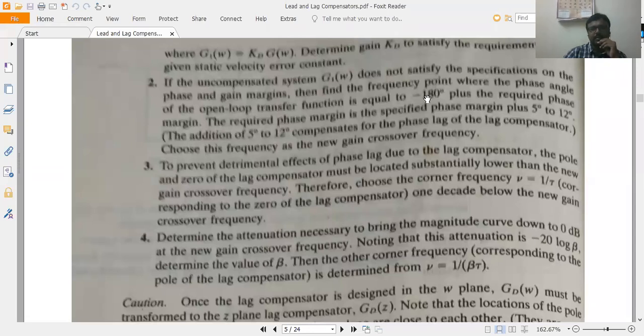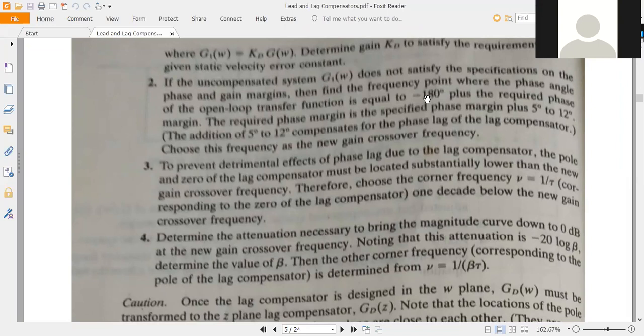At that point, we have to determine the attenuation necessary to bring the magnitude curve below 0 decibels at the new gain crossover.